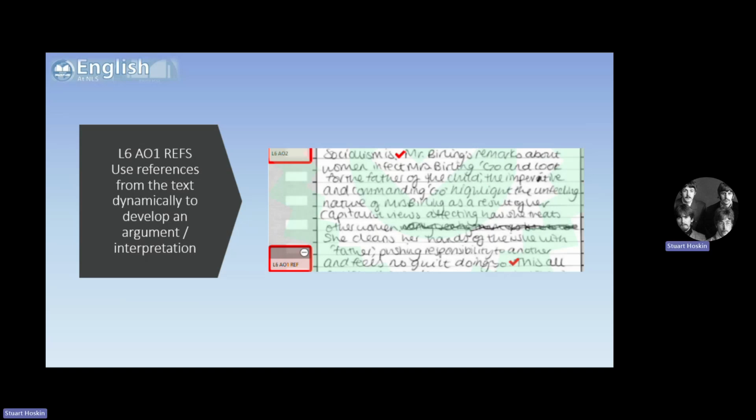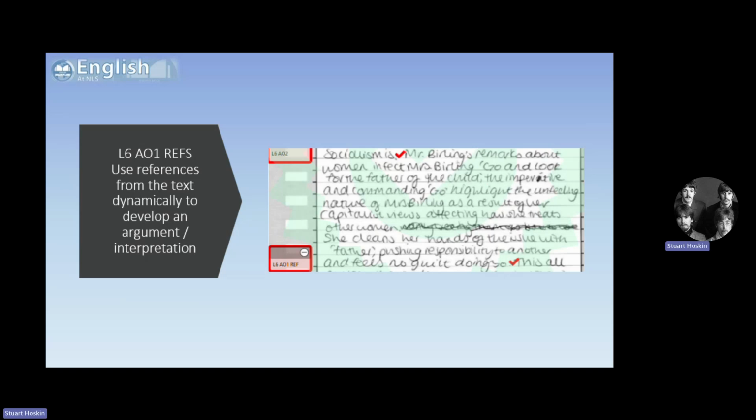Now, there is AO2 in there, obviously, analysis of the imperative and all of that. But what I'm using as an example of here, and it was given that way, is how references, the two references, go and look for the father of the child, go and father from in there, how they are being used to back up an argument.